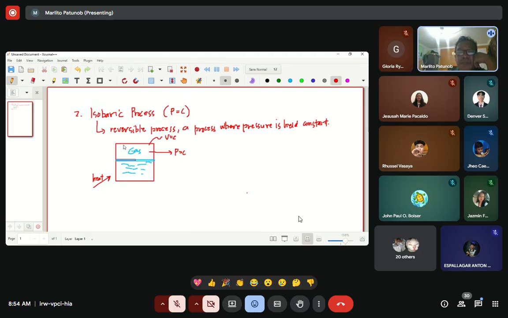So sometimes it is called a PRV, no? So PRV, that is a pressure relief valve.